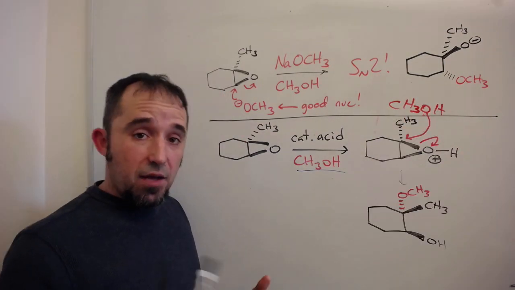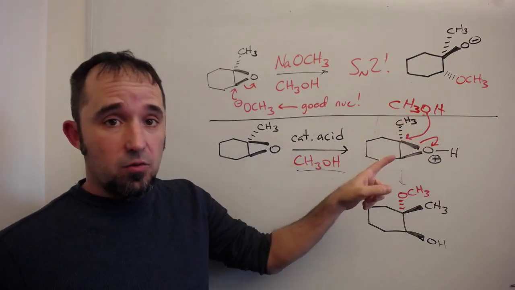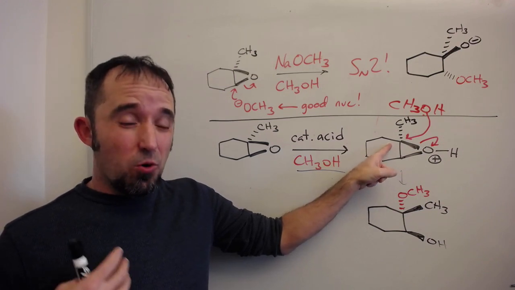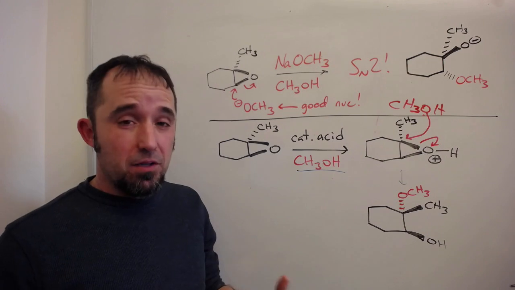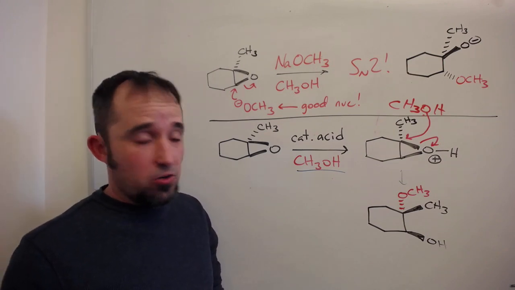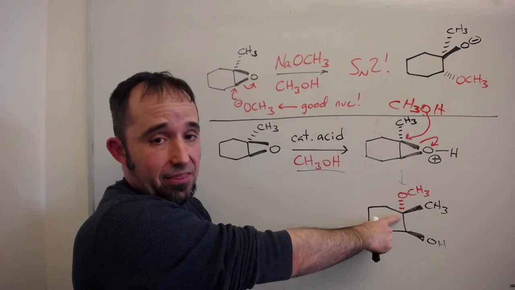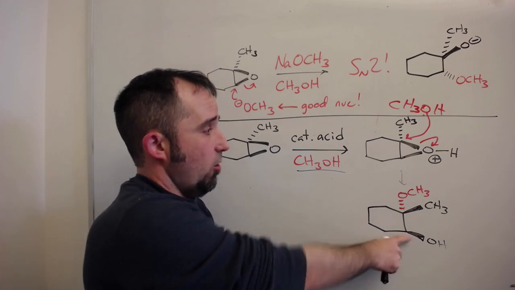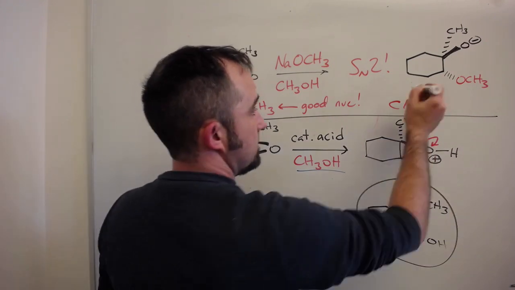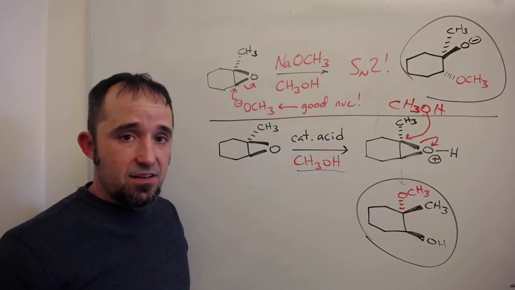So just like when we had bromine and water, for instance, my weak nucleophile will attack the more substituted end because that's where the more positive charge is building up. And like that, we're going to see stereo control, so it's coming from the backside. We'll see inversion at that center here, and then the OH is down there. So again, notice I have different products, whether I do this under basic or under acidic conditions.